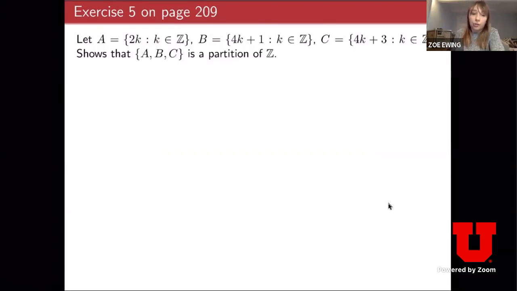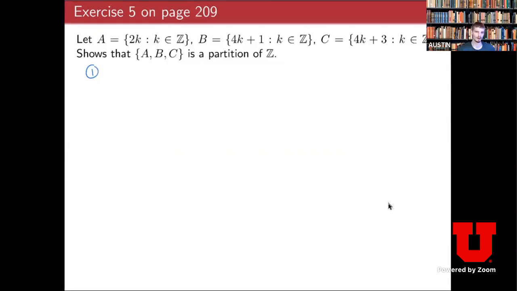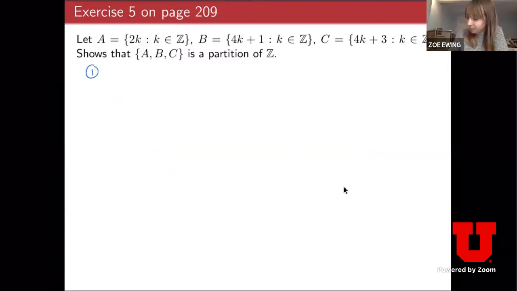So what are the three things that we need to prove to say that something is a partition? I'd love a different volunteer for each of these properties. All the numbers are used. Mm-hmm. So all of the set of integers is represented.